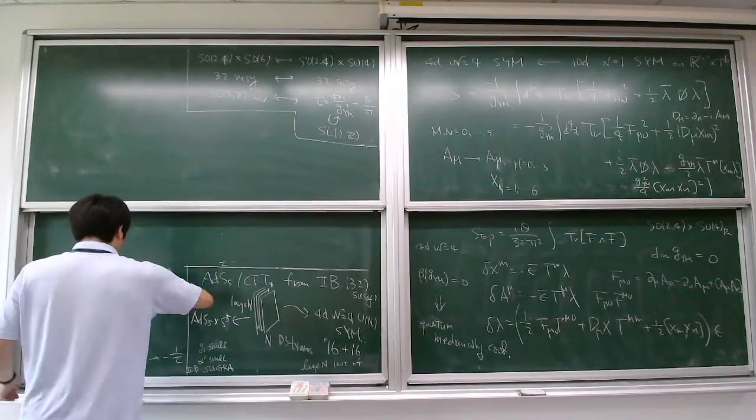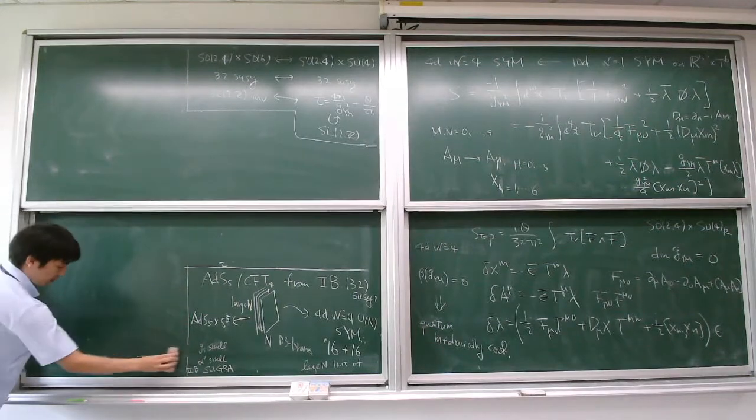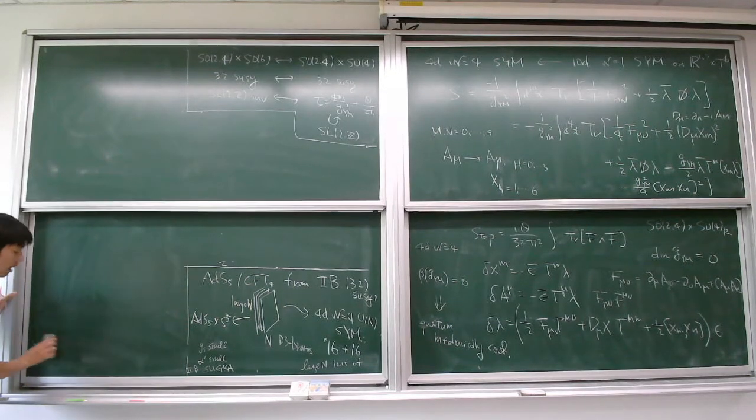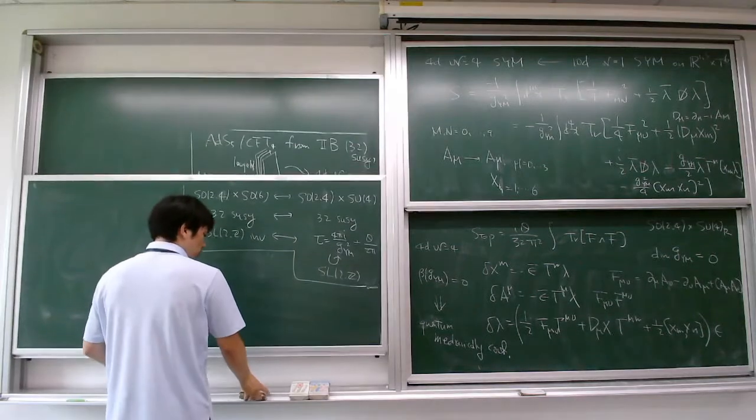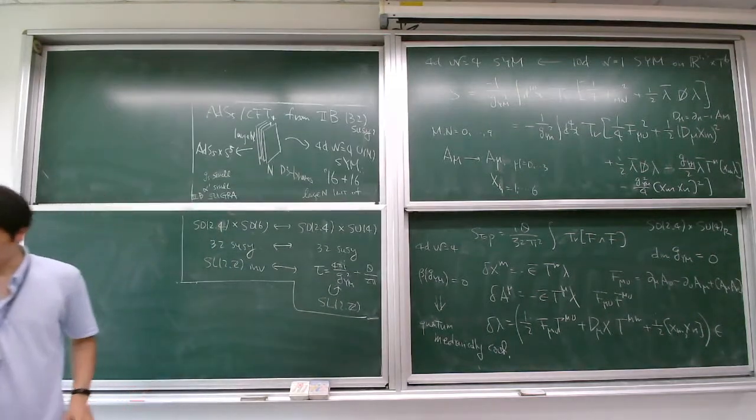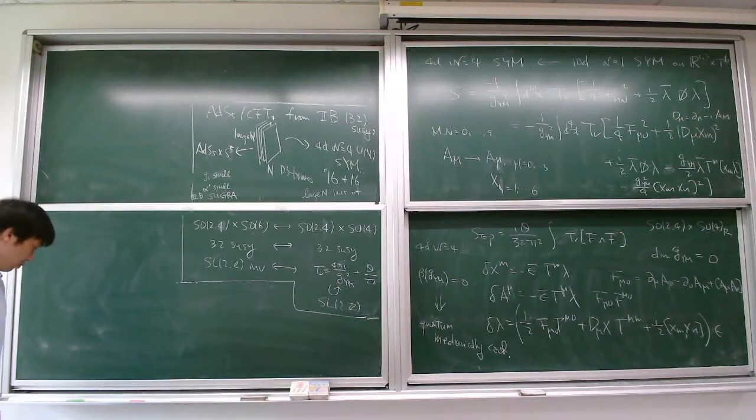To see the near horizon limit of this D3 brane, you use the supergravity theory, which we did for the D1-D5 system.